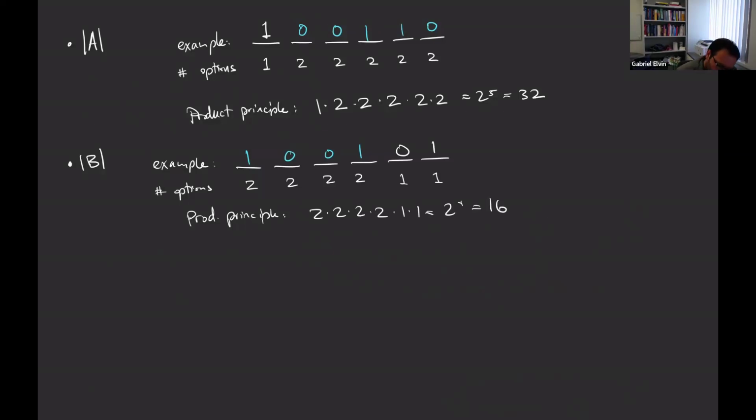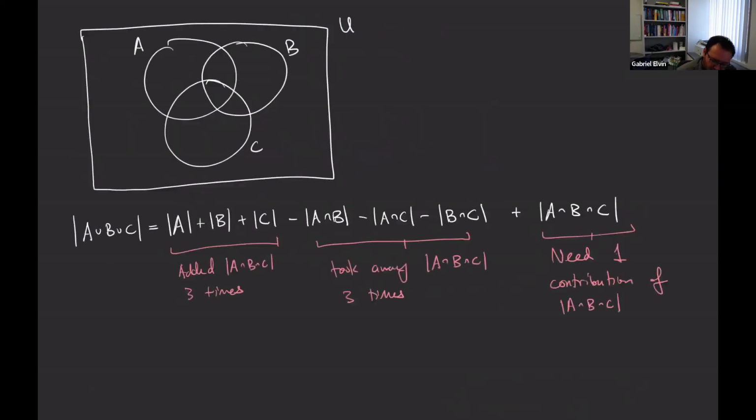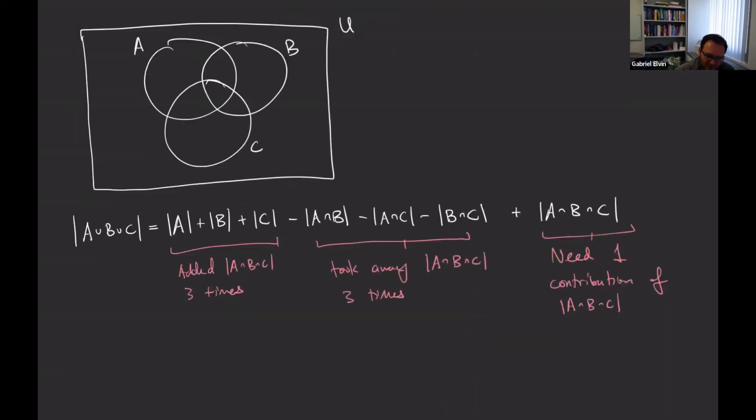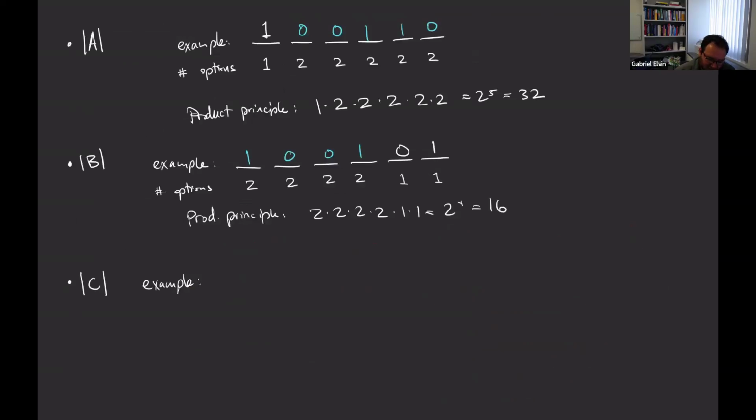And then the last single set. So let's remind ourselves what C is. This one's a bit more tricky. The 6-bit strings that have exactly 4 ones, or if you're from the book, the terminology they use is it would have weight 4. The weight is the number of ones it has.